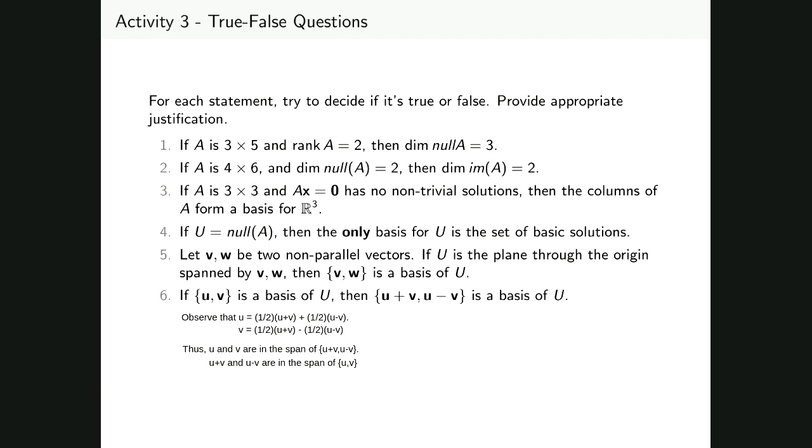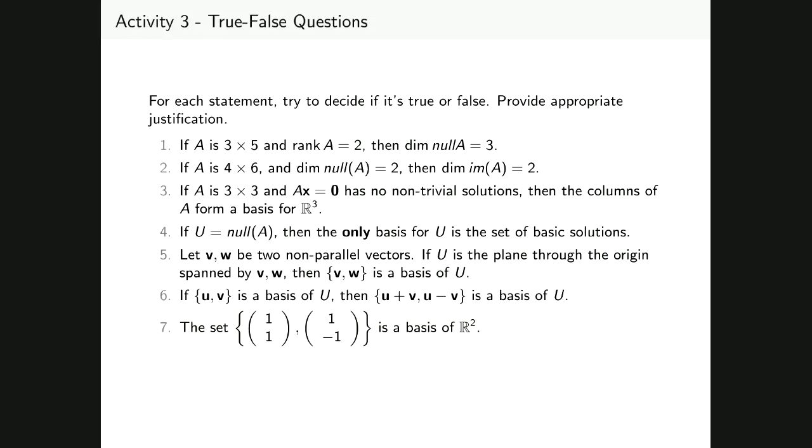These will define exactly the same plane. So I would say that this is true or correct. Okay, so they define the same exact subspace. Very good. Now let's move on to activity 7.